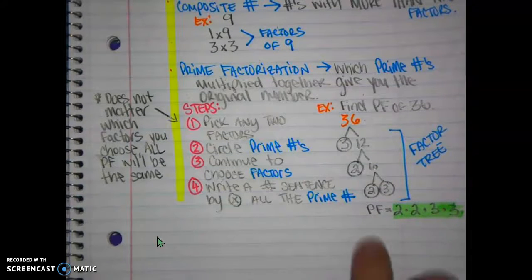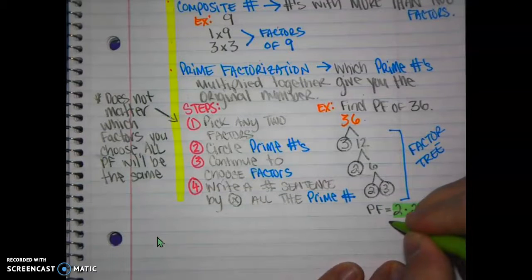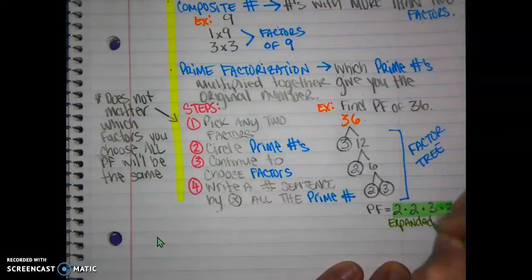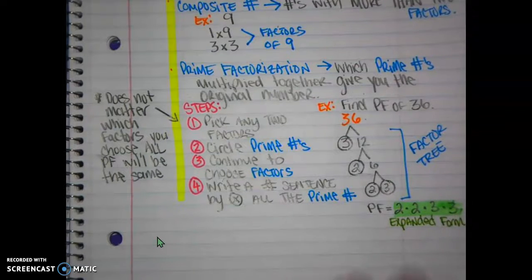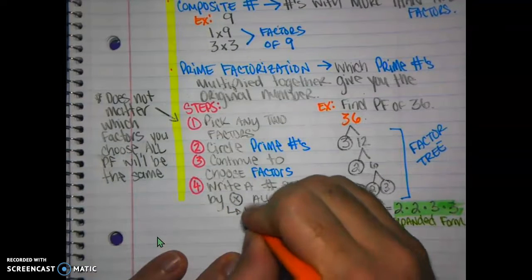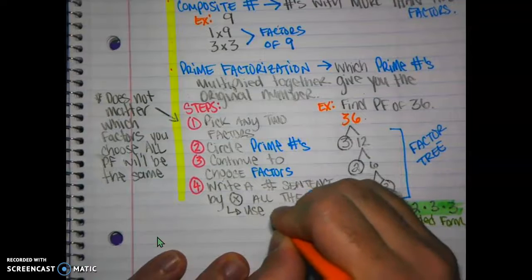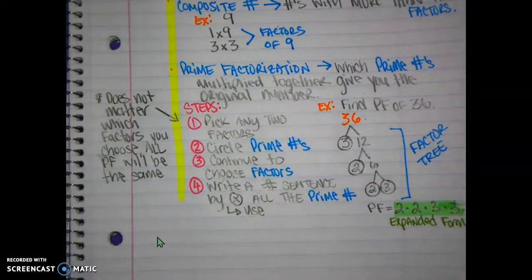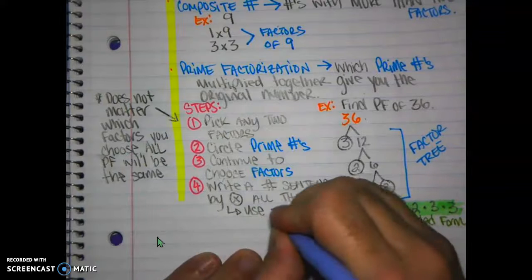So this prime factorization is what's called expanded form. Now right under step 4, I want you to add this little note: use exponents as needed.